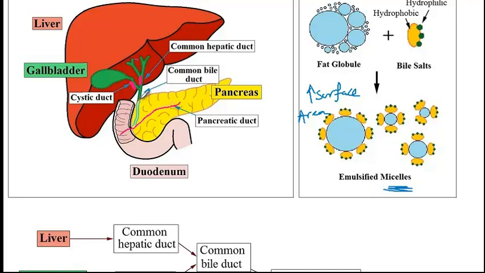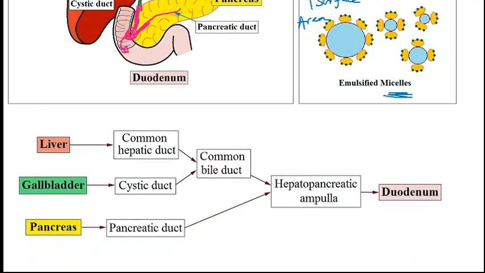They join together to form the common bile duct. And then the common bile duct and pancreatic duct join together, and here at the hepatopancreatic ampulla, they would empty their contents into the duodenum. All right, so if you need to pause the video to review these structures, you can do that.